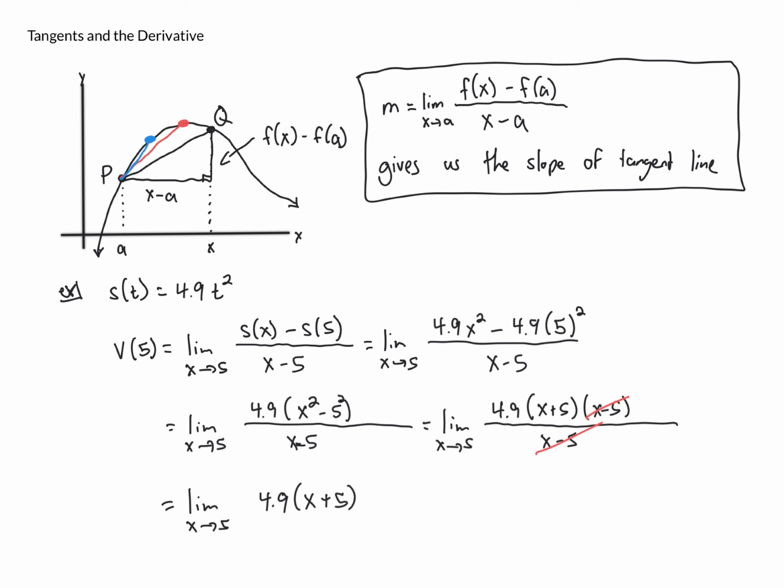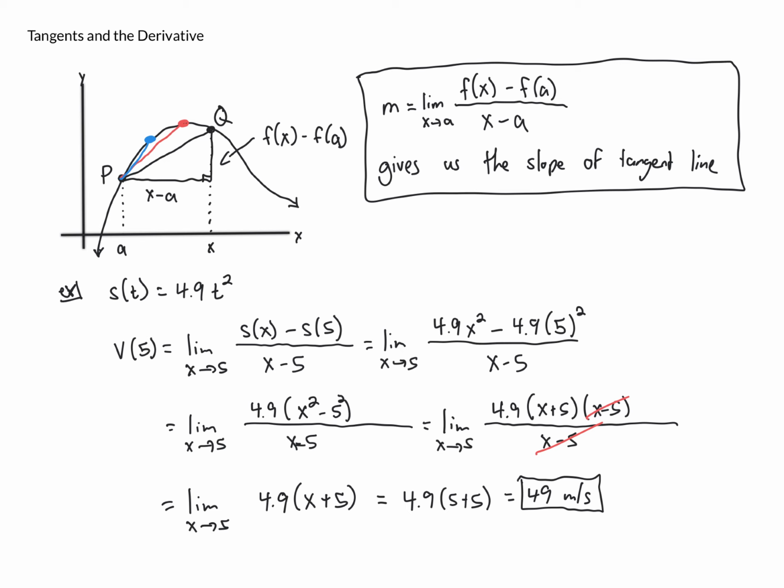And now we can just substitute in 5 for x, because we've got a continuous function. It's polynomial, it's linear actually. So we've got 4.9 times 5 plus 5. 5 plus 5 is 10, and 4.9 times 10 is 49. And since this is velocity, it'll be meters per second. So after 5 seconds, that ball is going to be moving at a velocity of 49 meters per second.